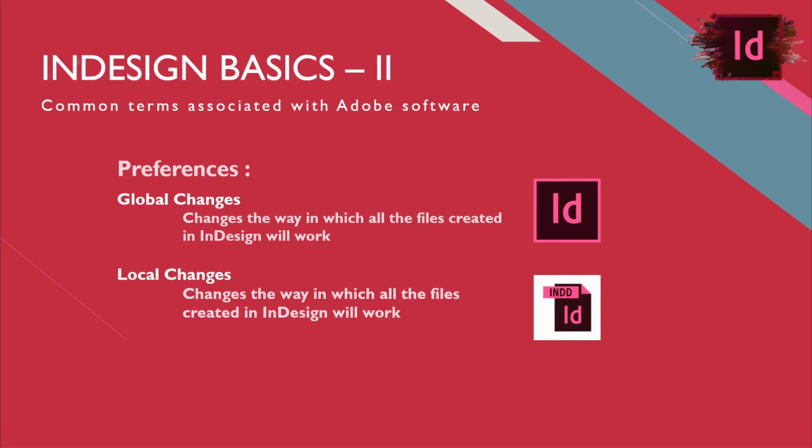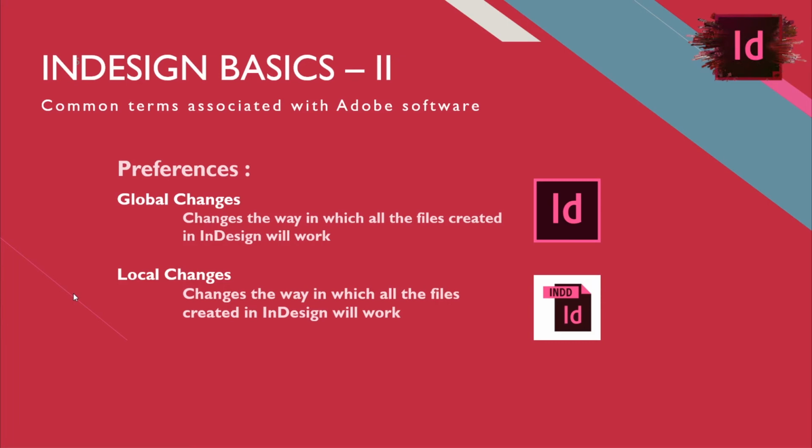If you have been working with Word, you will see the moment you open Microsoft Word, it starts with Calibri font. Similarly, in InDesign also we can set all these changes, which will change the behavior of the software to suit the need of a particular workflow. And this is what is called global changes. Once you make those changes, for all the files that you are creating in the software, unless you make the change again, it will follow the same set of changes that has already been made.